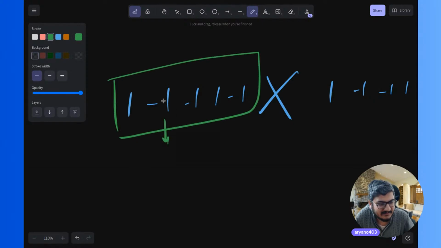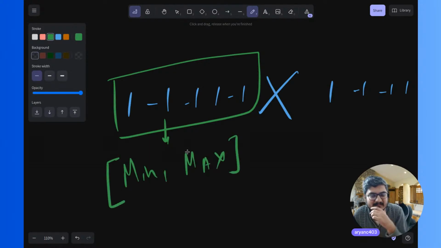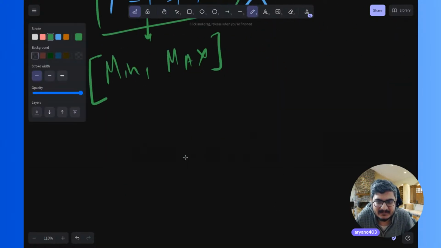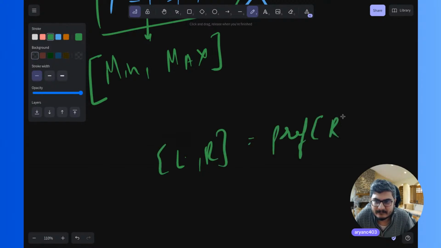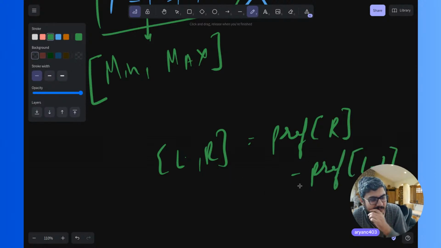Let's find the minimum sum in this range and the maximum sum in this range. The idea would be that if you know prefix sum, then the sum of numbers from L to R is given by the prefix difference, and using this formula you can find the sum of all the values you have.